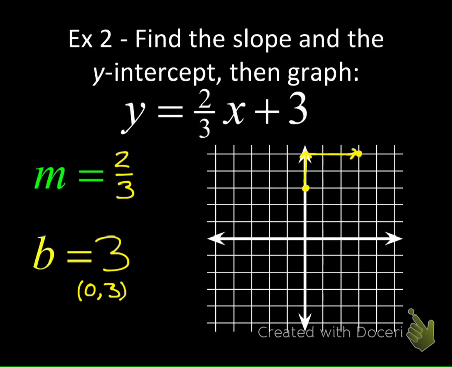And then I want to draw my line. Draw your arrows. Use your straight edge. And that's it. Is this very hard? You guys catching on pretty quickly? I like it better than the stuff you were doing last week.